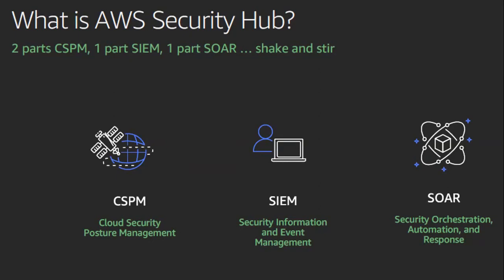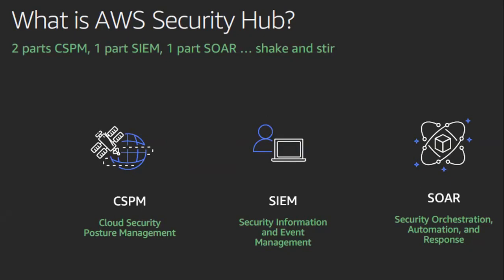Security Hub can also be your SIEM, because you can have visibility of security information and event management. You will be able to identify potential risk. And Security Hub can also be SOAR.